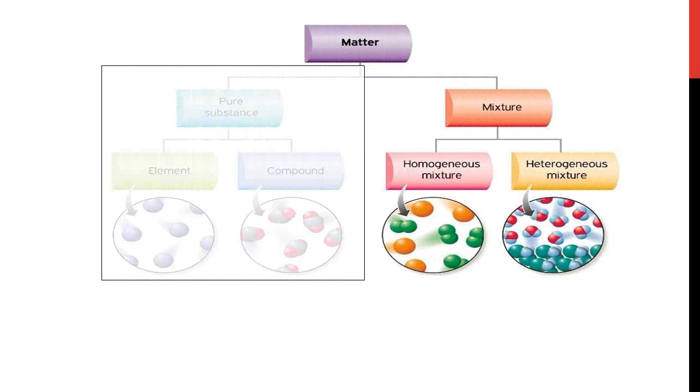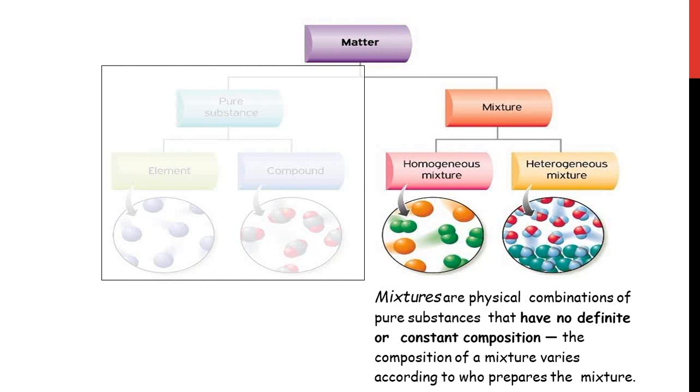Let's discuss mixture. If we can see its components, we can call it heterogeneous, and if we can't see its components, we can say it is a homogeneous mixture. At all, mixtures are a physical combination of pure substances that have no definite or constant composition.